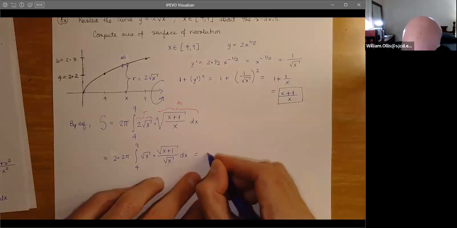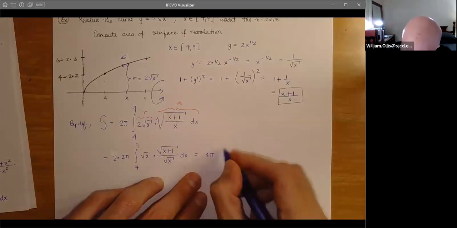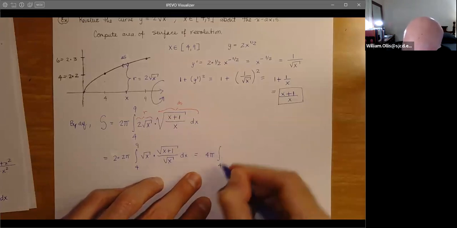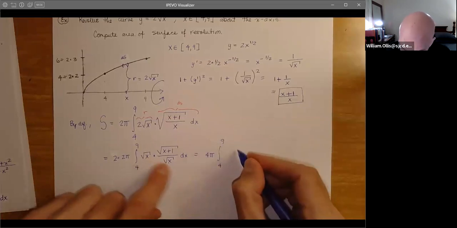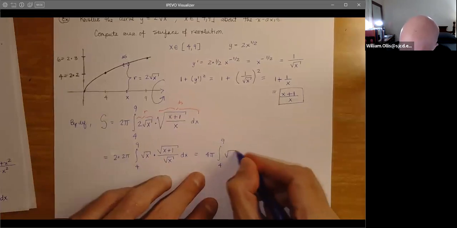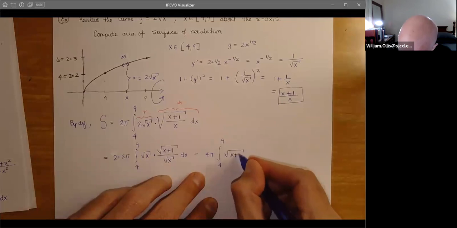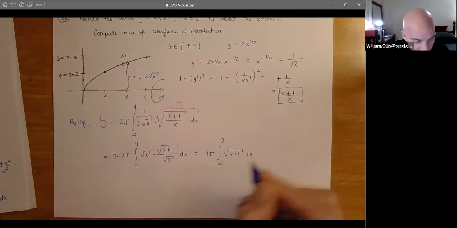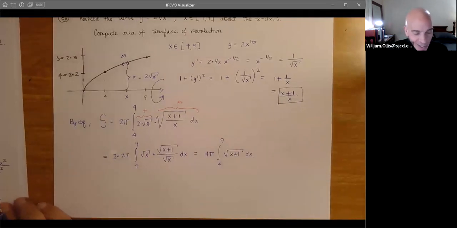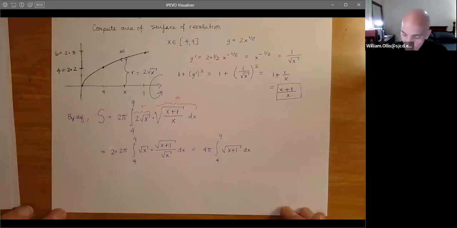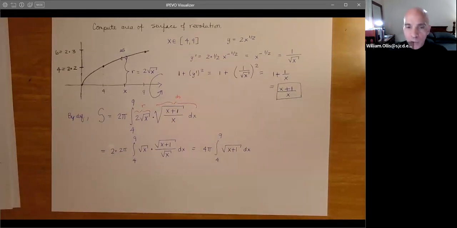So now this gives us 4 pi integral 4 to 9. And now the square roots absorb, and we get the square root of x plus 1 dx. And now, when you think about this particular problem, it's like, where was this example when we were doing those horrible fractions and we were doing hyperbolics and the integral of secant?